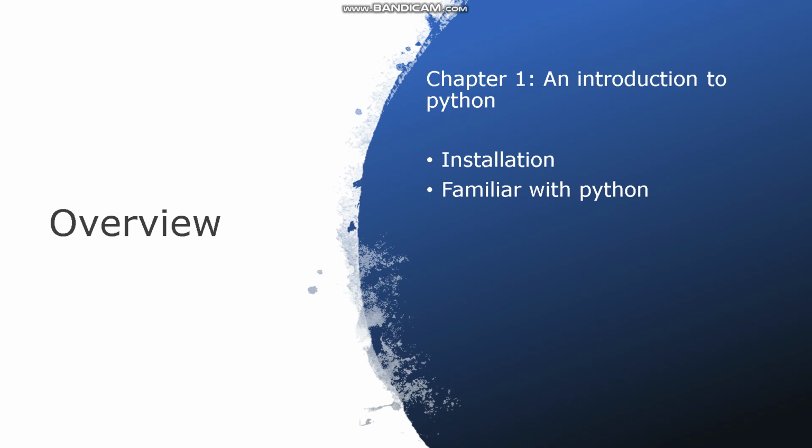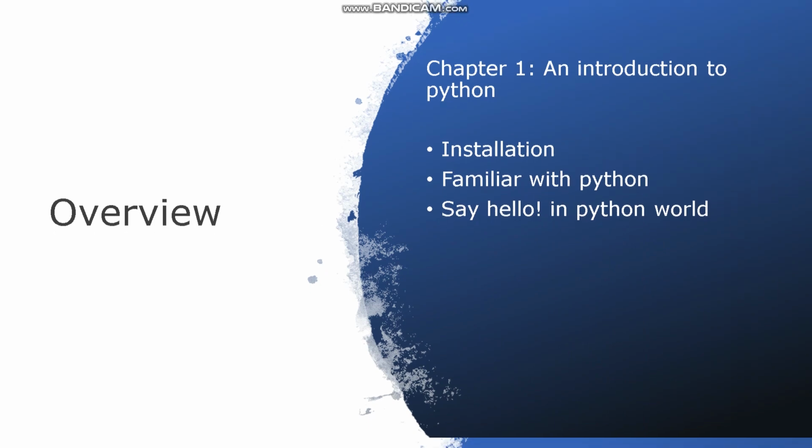This chapter begins by giving a very concrete and easy to understand explanation of Python. You will be introduced to interactive mode, script mode, and the IDLE environment. After that, you should be able to write your first code in Python.